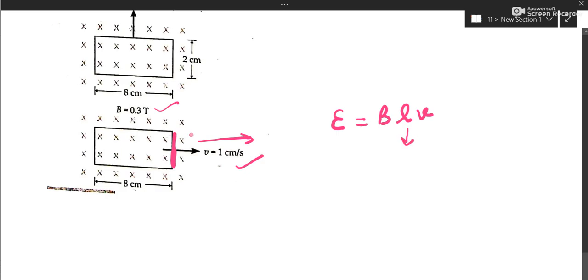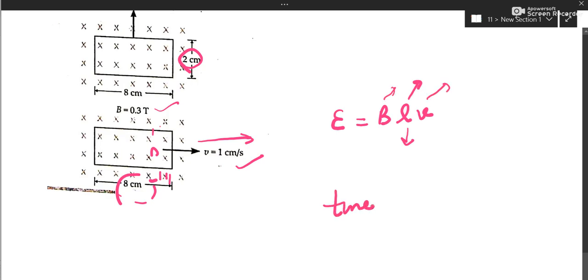Now it is making an exit like this. So it will go out in portions. So 8 centimeter is changing, but this side is complete every time. So what is not changing will come as L. So this side is not changing. So please write that as L, with V and B given.